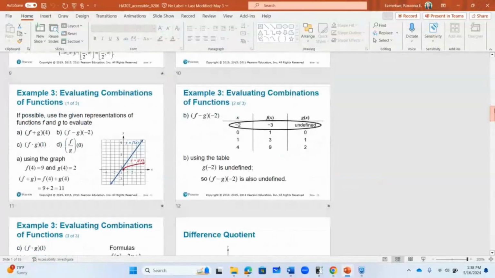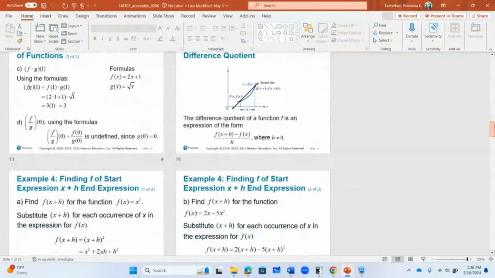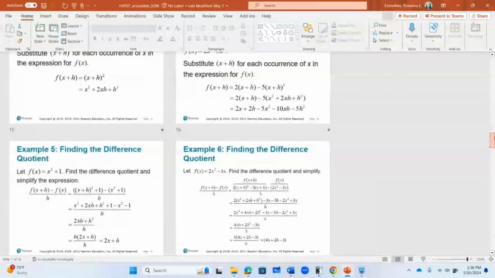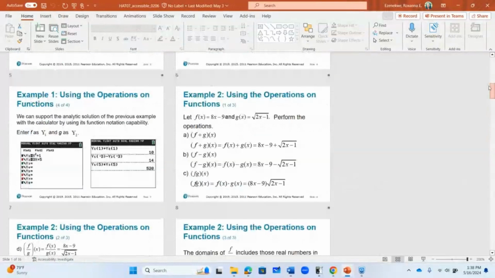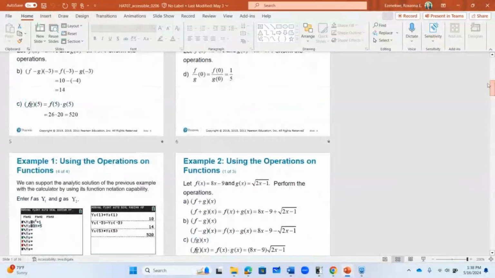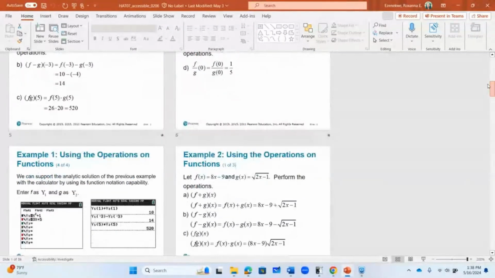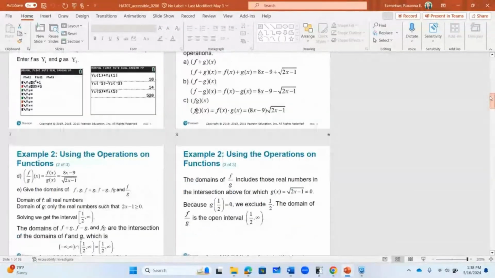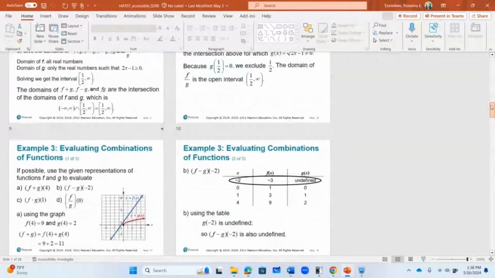If you understand the PowerPoint, there'll be no need going to the textbook. It showed you how to do it with the calculator. Actually, you can also go to the examples in the calculator. The multiplications are here too. So function of a function should also be there.